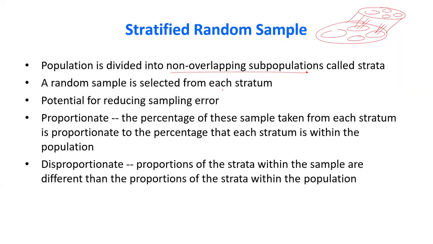A random sample is selected from each stratum, with potential for reducing the sampling error. If you don't recognize these strata in the population, then you may miss out certain groups, or certain entities with certain characteristics, and during your analysis, that particular minority group will not be represented, so your analysis may go wrong.